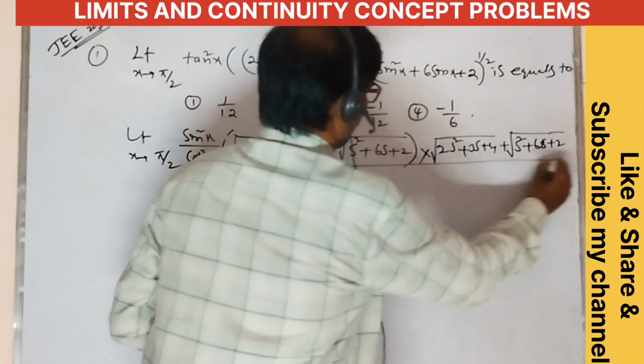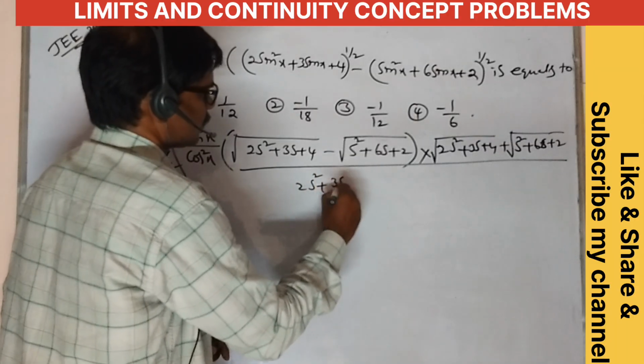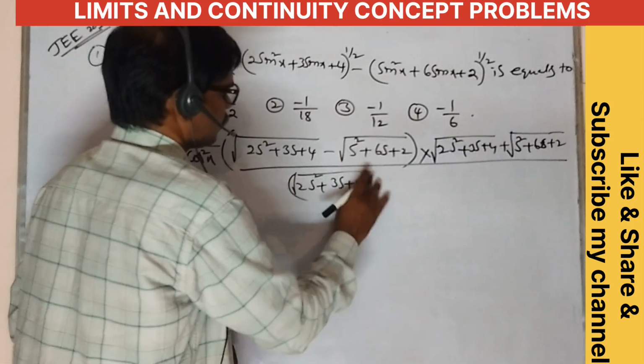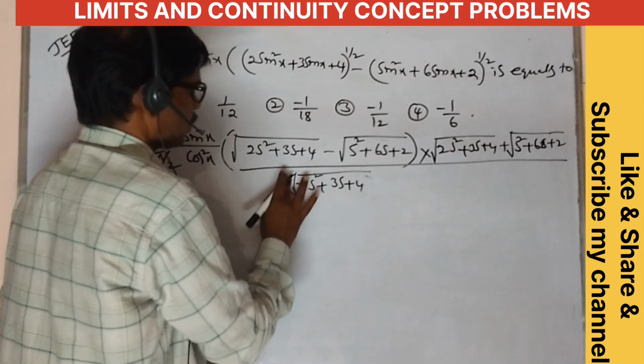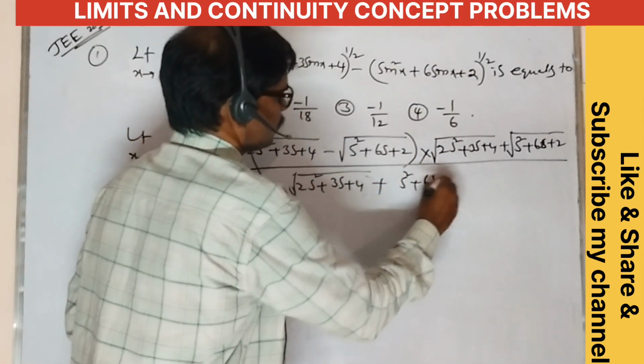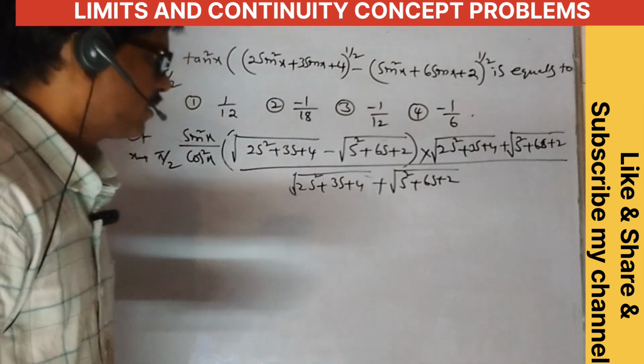Okay, this is multiplied and rationalized: the numerator is the square root of (2s square plus 3s plus 4) plus the square root of (s square plus 6s plus 2), and the denominator is also the same. Okay, the rationalization is completed.